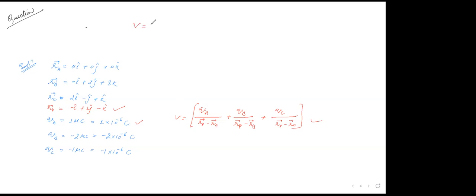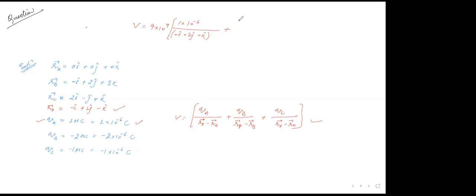V is equal to 9 into 10 raised to the power 9. What is your QA? QA is 1 into 10 raised to the power minus 6 over RP minus RA. RP is minus I cap plus 2j cap minus K cap. What is RA? RA is 0 totally. So if it is 0, then we can leave it here.